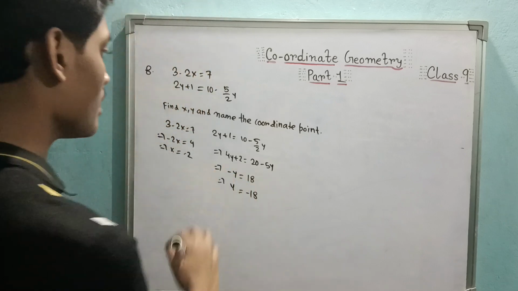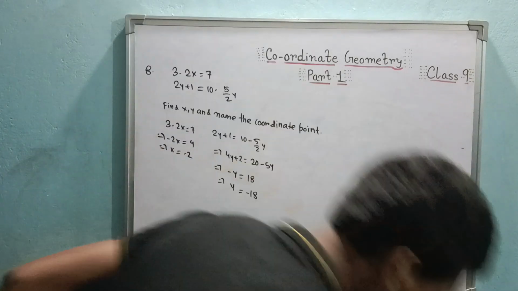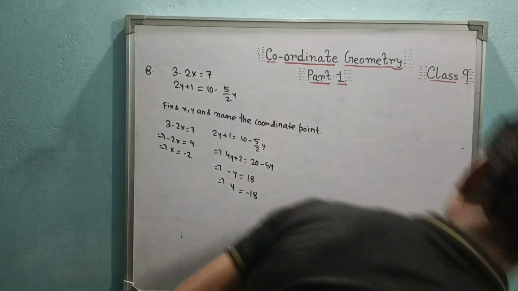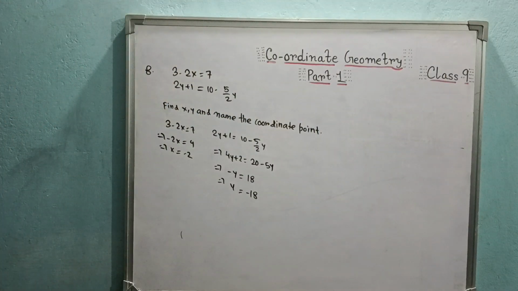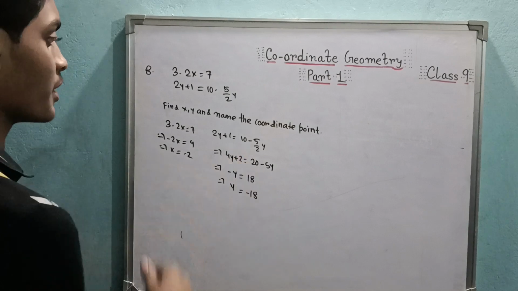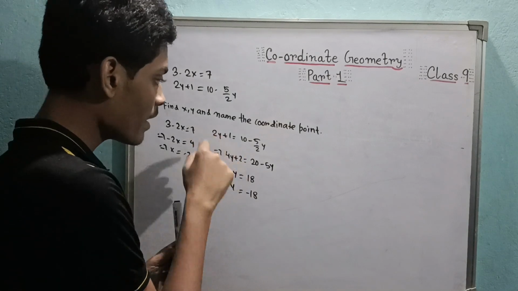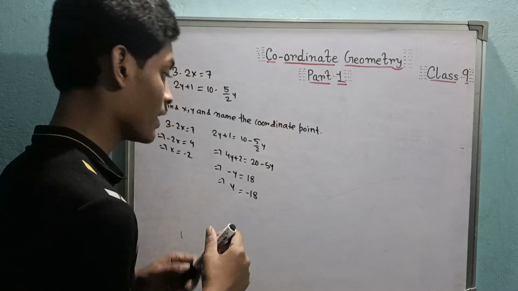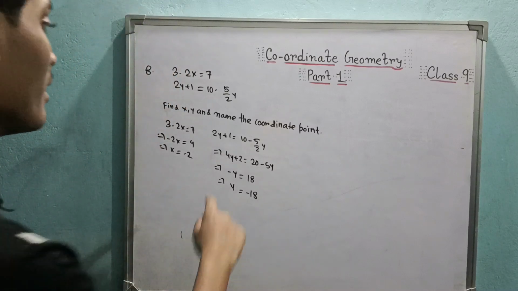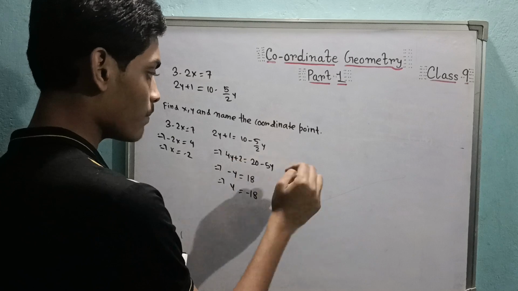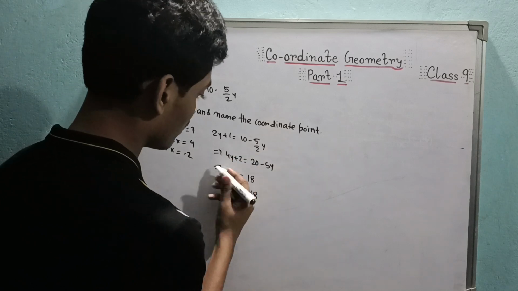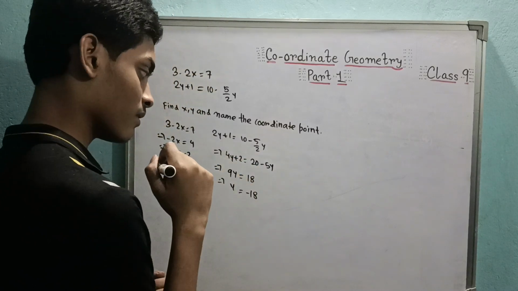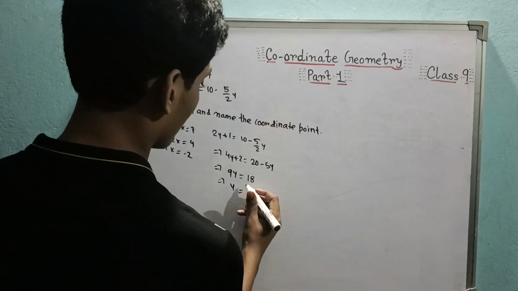Let me just see if I did something wrong. I am multiplying the equation because it will remove this denominator, nothing else. 4y plus 2 equal to 20 minus 5y. It's absolutely correct, right? Okay, yeah, I did something wrong. There 4y minus 5y means 4y plus 5y, change the sign. So 9y equal to minus 18, y equal to 2.